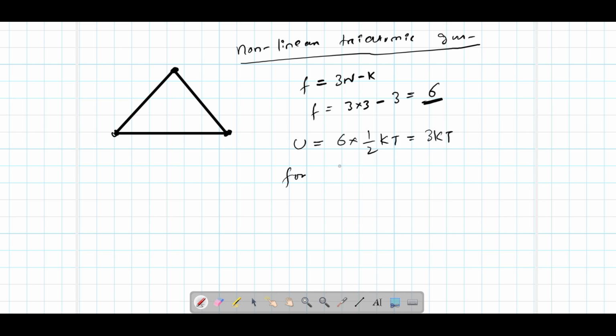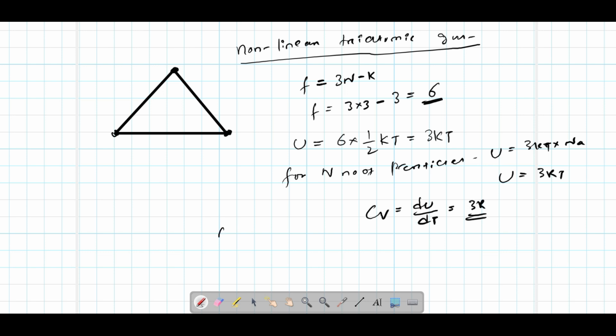And energy is 3kT for N number of particles. For N number of particles, U equals 3kT into Na. Energy equals 3RT. Cv equals dU by dT, that is 3R.